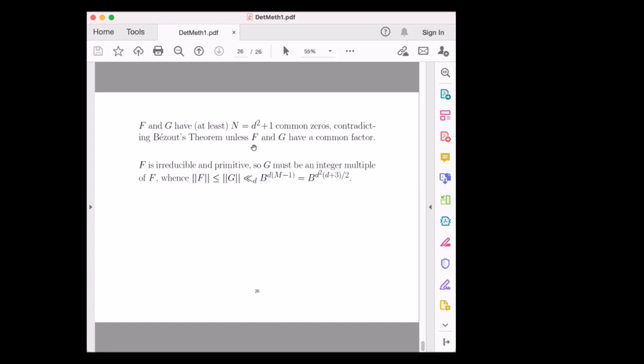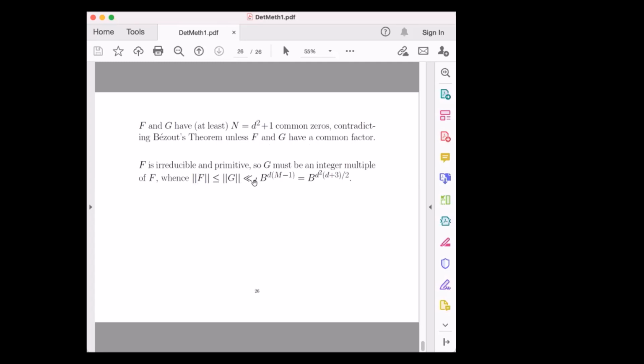And Bezout's theorem will tell us that F and G have at most d squared common zeros unless they have a common factor. But we took F to be irreducible and primitive, so the only way that these can have a common factor is if G is actually an integer multiple of F. And that gives us our bound.